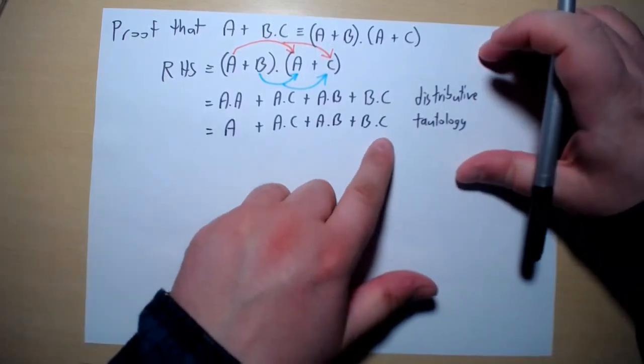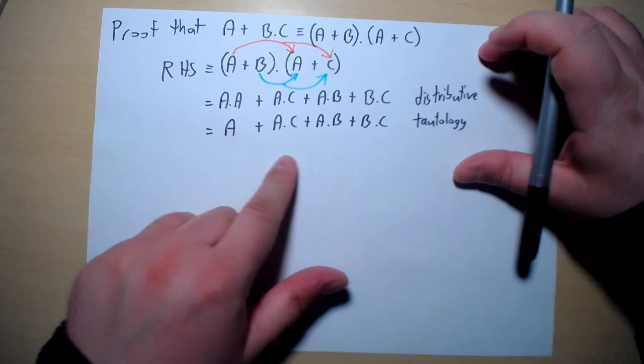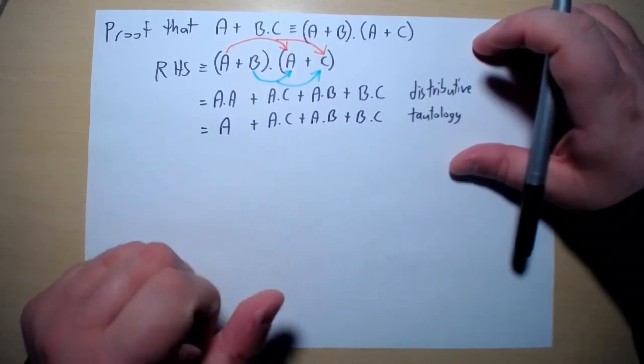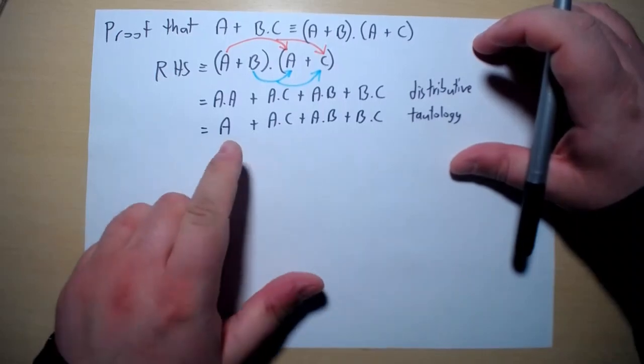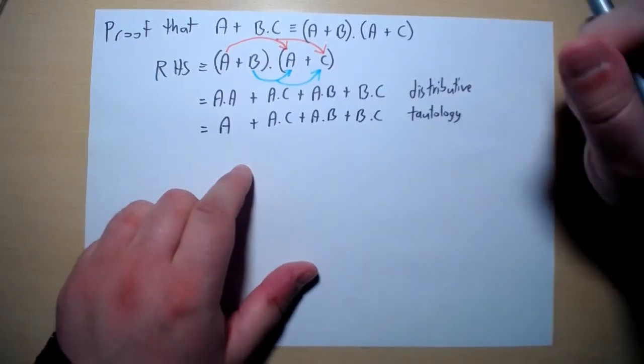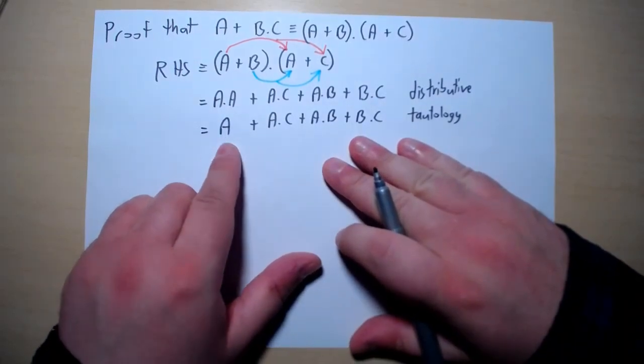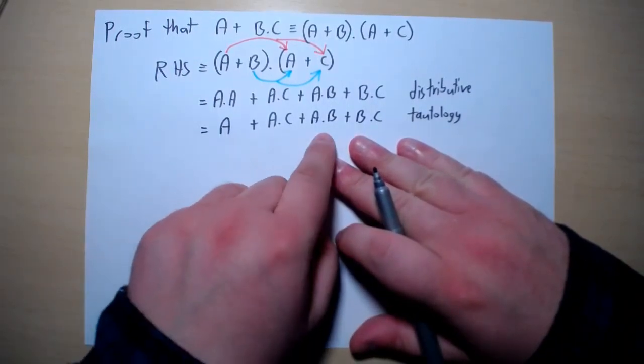When we have an expression with many terms, like this, it might make sense to try and group terms. Therefore, we find something common and we group it. If we have a look at this, we have A here, and A here.